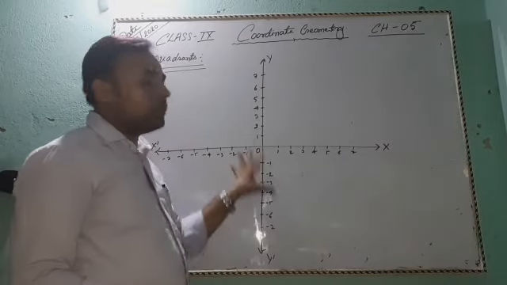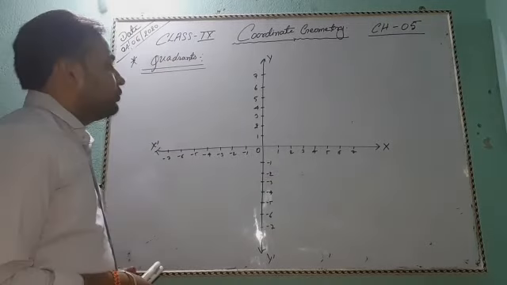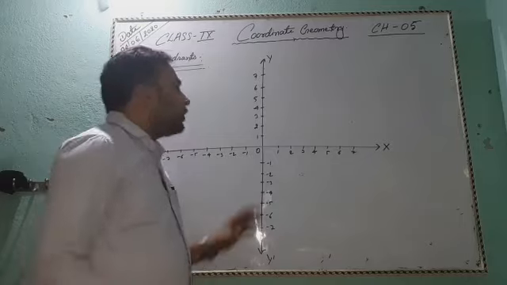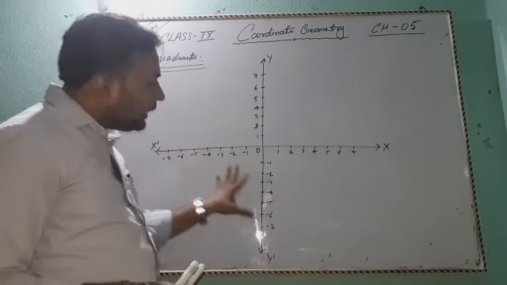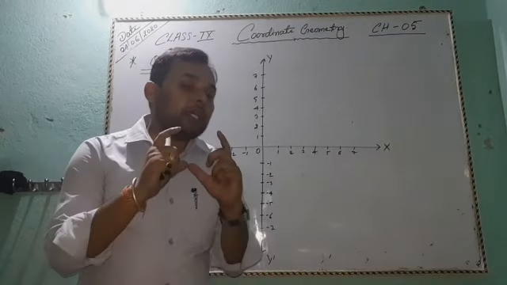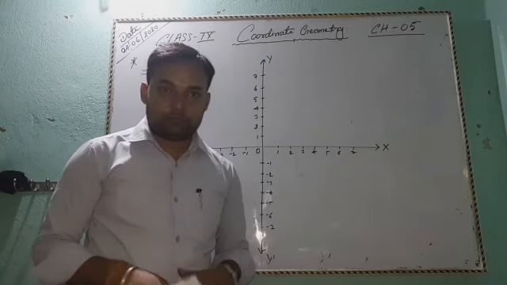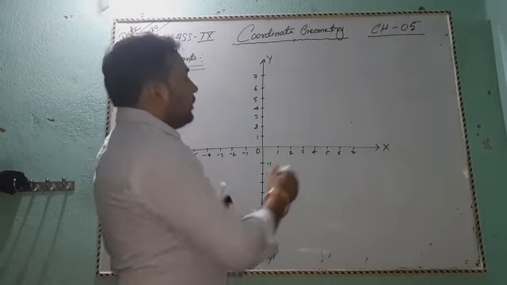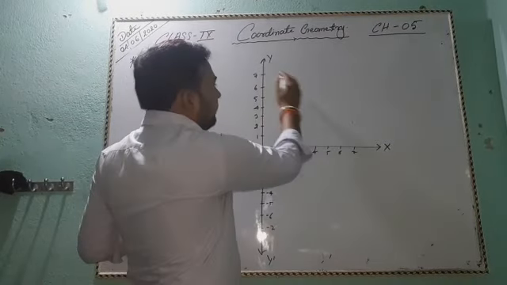These two lines are called coordinate axes. And these coordinate axes divide a plane into 4 regions, and each region is called a quadrant.